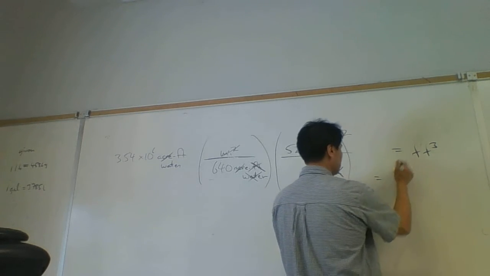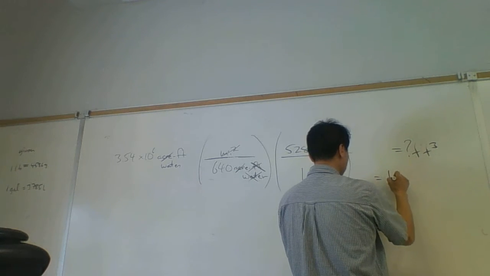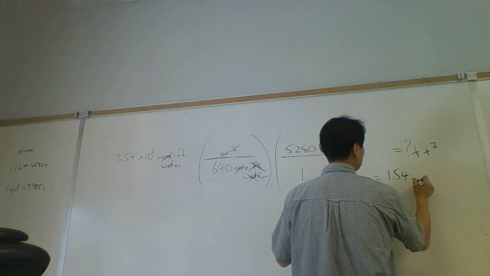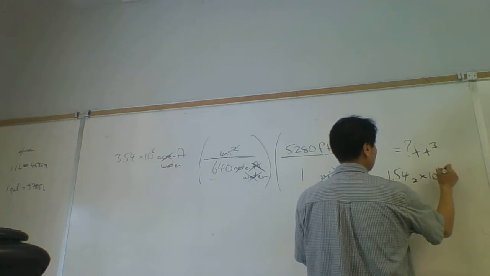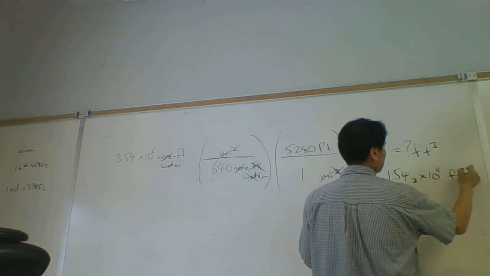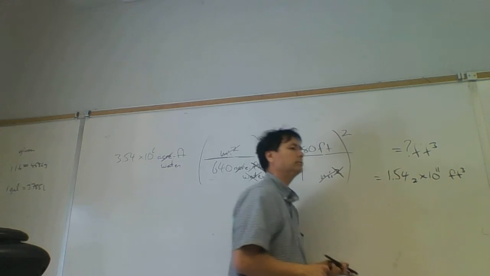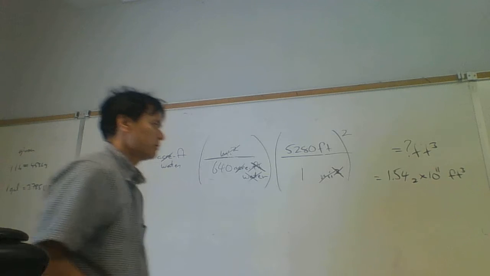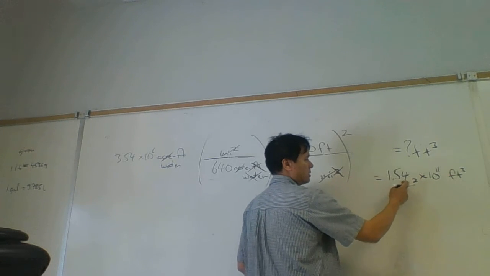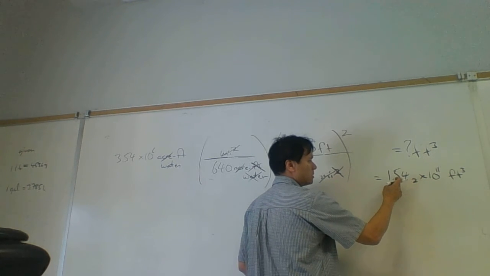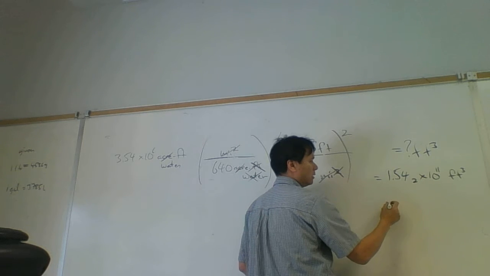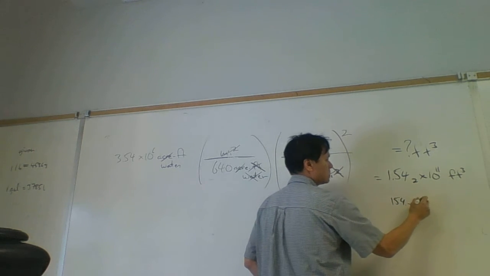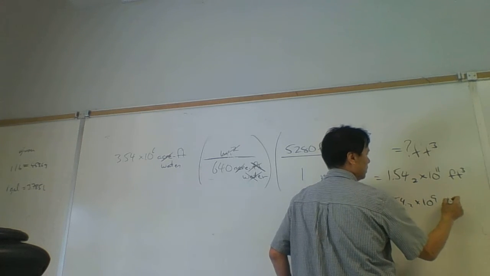And so this is equal to 1.542 times 10 to the 11 cubic feet. So in terms of cubic feet, I could do this. I could move the decimal place, so this would be 10 to the 10, 10 to the 9. So this would be 154.2 times 10 to the 9 cubic feet.